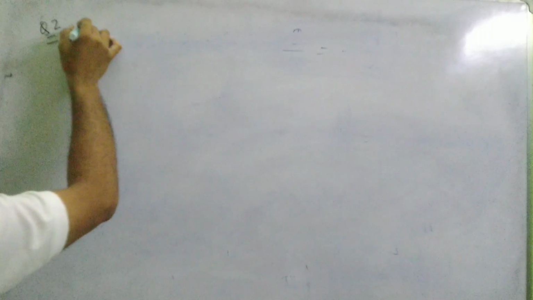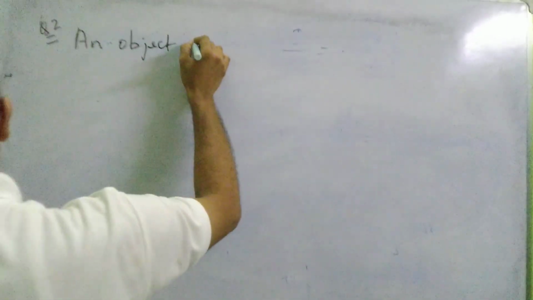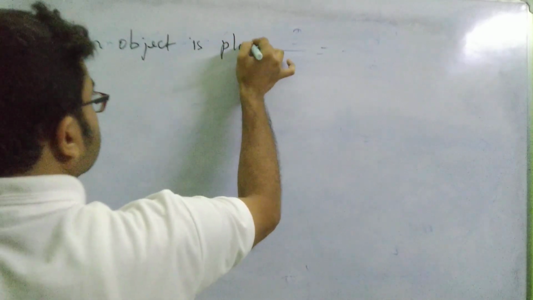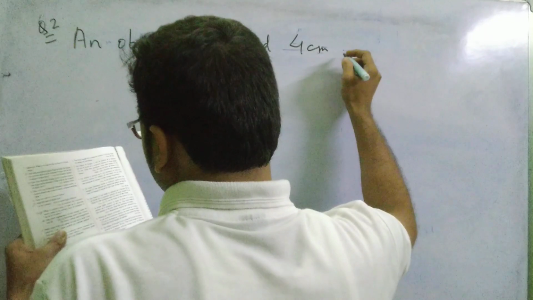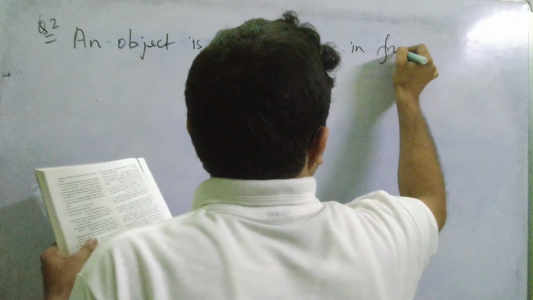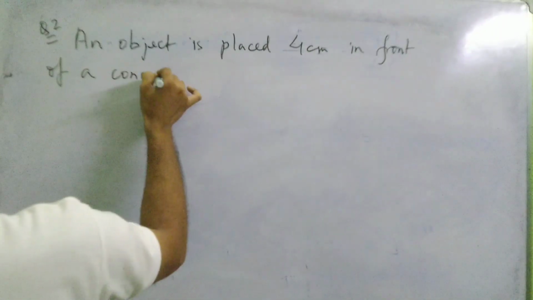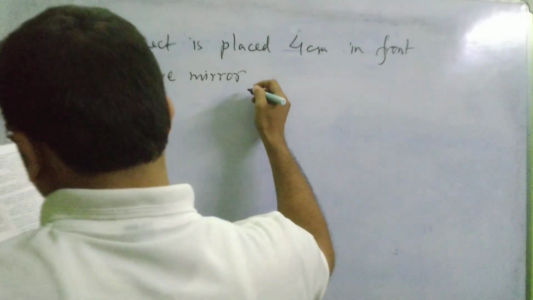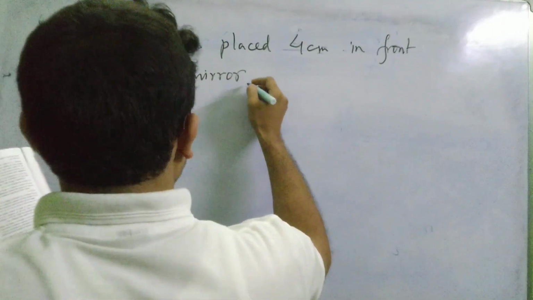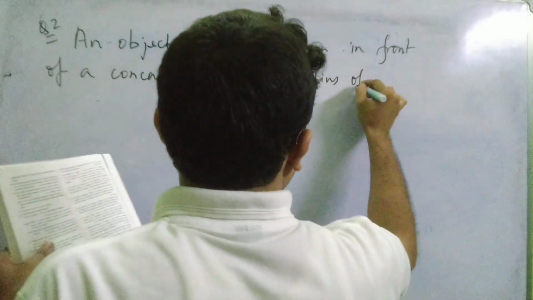An object is placed 4 centimeter in front of a concave mirror of radius of curvature.